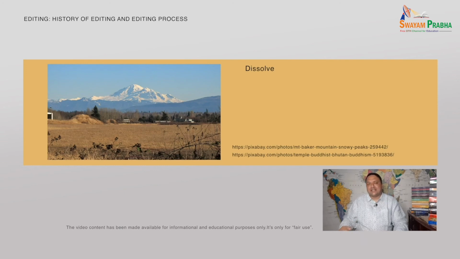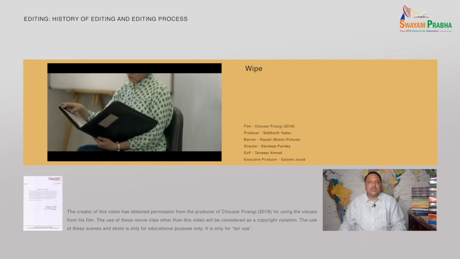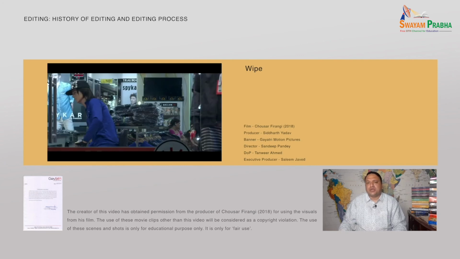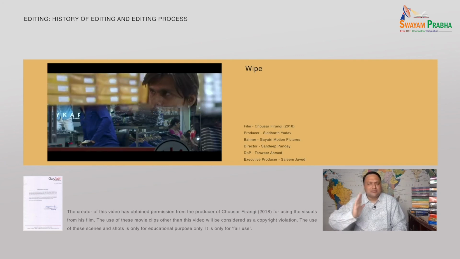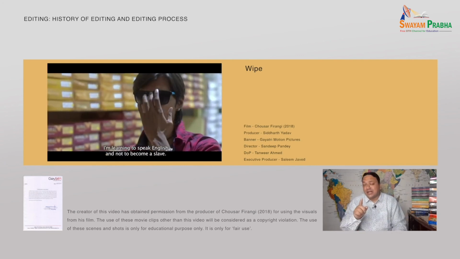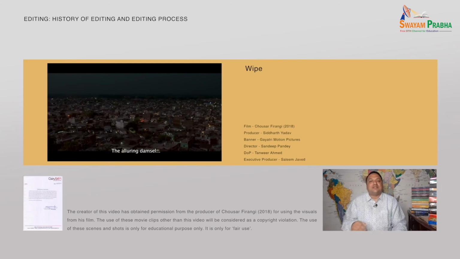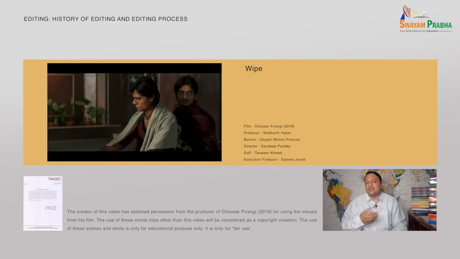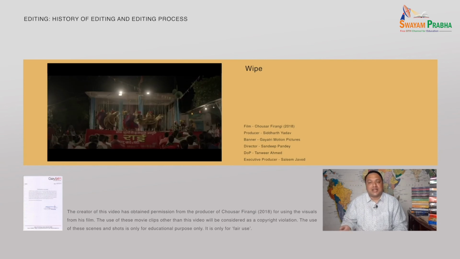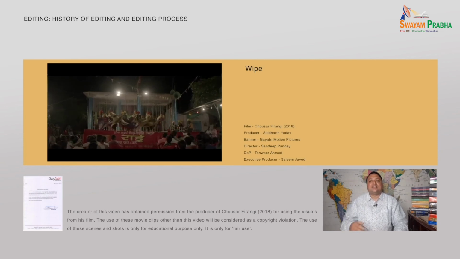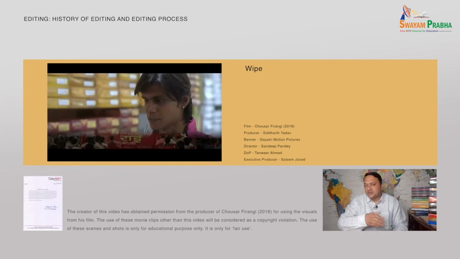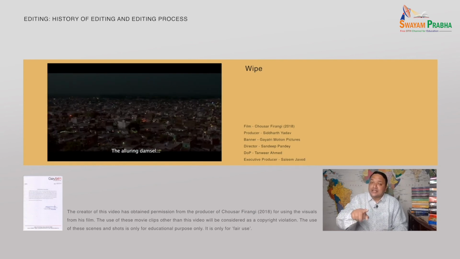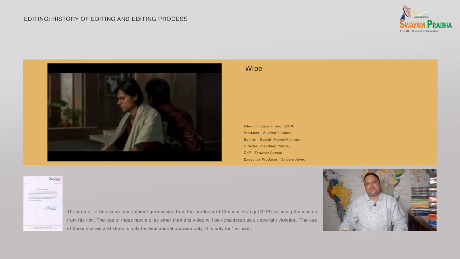Now, next in the list is wipe. You must have seen many times when the image on the screen is simply pushed off. That is a wipe. Wipe can be horizontal, vertical, or diagonal. It is a transition which implies continued action that is unresolved.